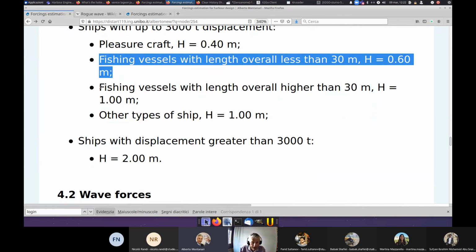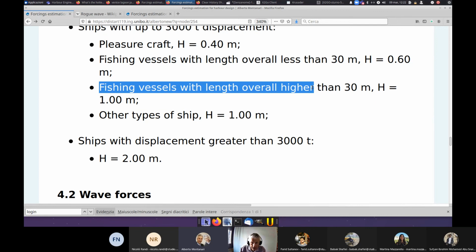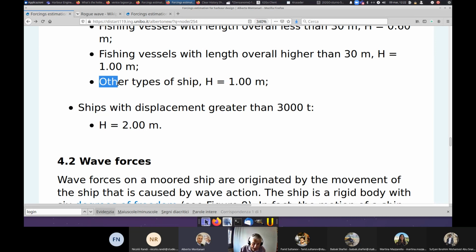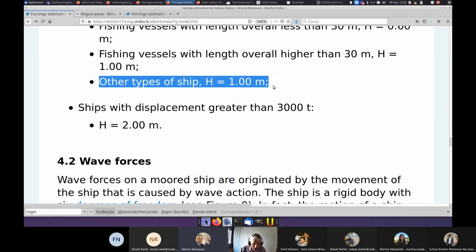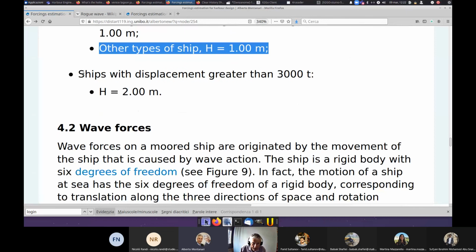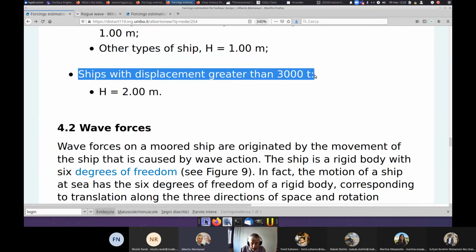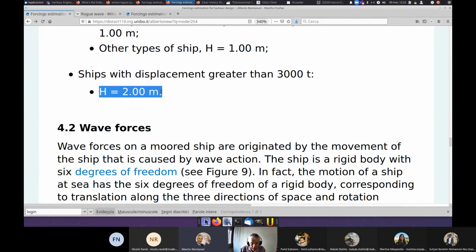For fishing vessels with length overall higher than 30 meters, we get 1 meter of significant wave height. And as well, we take 1 meter for other types of ship. And for ships with displacement greater than 3,000 tons, we get a wave height of 2 meters.